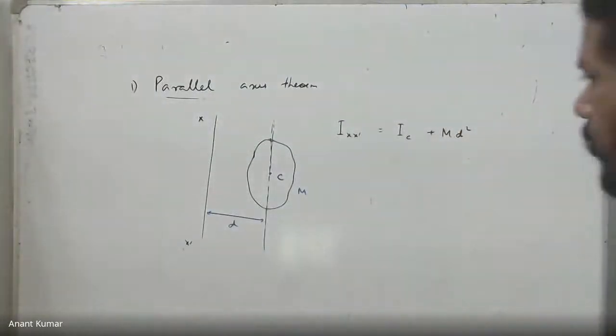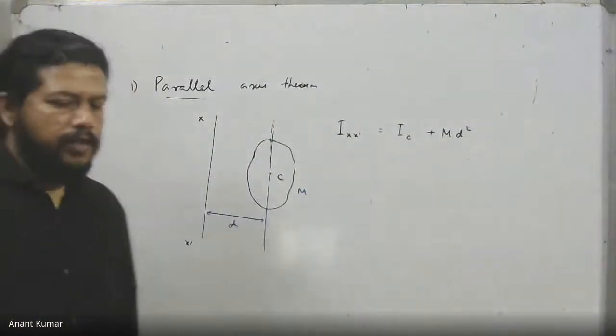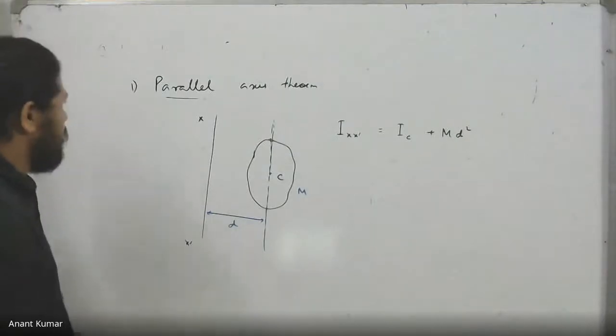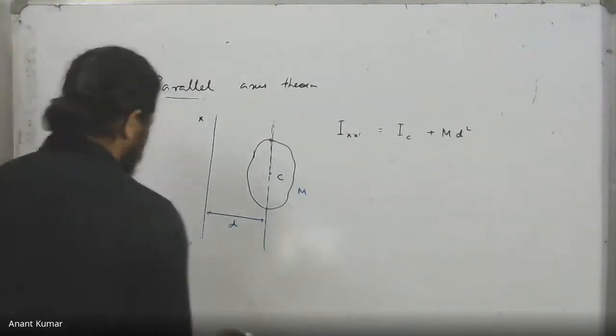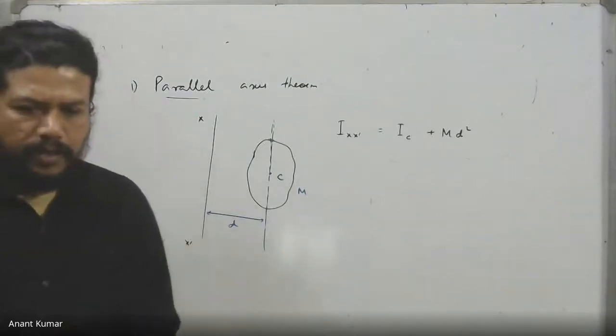The proof for the moment we don't require. The second one is the perpendicular axis theorem. The perpendicular axis theorem is only true for laminar objects or thin sheet-like objects actually.